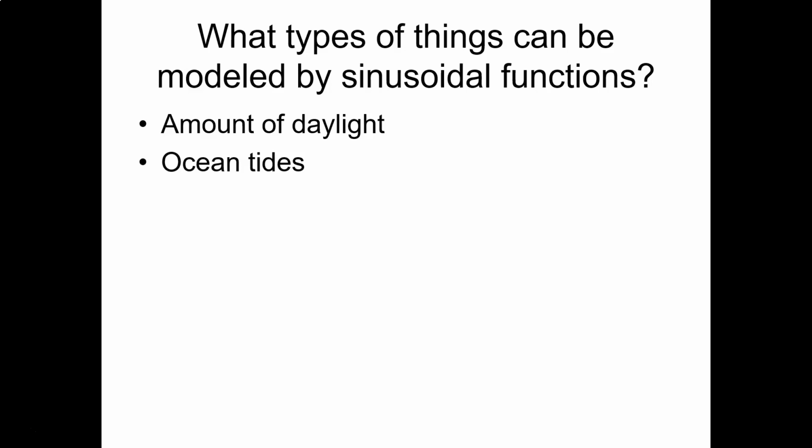Now, in that project one time, I let them choose wherever they wanted, and some of the students chose an area that had just had a hurricane come through. So their data was all over the place, crazy, and did not make a very good sine curve because obviously a hurricane coming through affected what the tide levels were. But if it's just normal, they'll be roughly a sine curve.